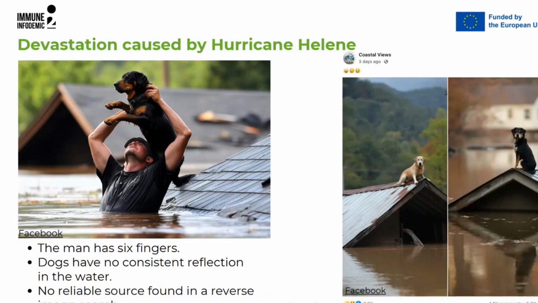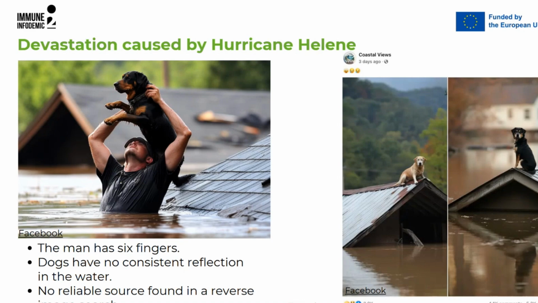And next example, in the hurricane image, there are several odd details that reveal it's not real. For example, one man has 6 fingers, which is highly unusual and a clear sign of manipulation. Also, the reflections in the water are inconsistent. The lighting and shadows don't line up correctly. In one part, there is even a missing reflection of a dog, which wouldn't happen in a real photograph.